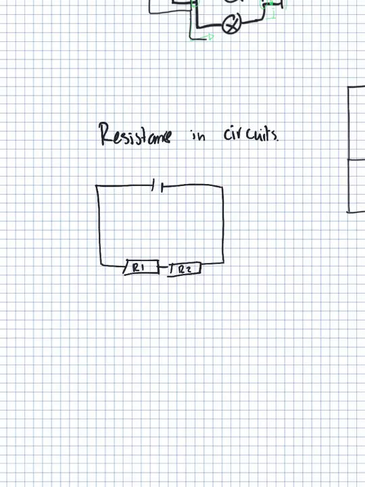Well, the total resistance, RT, would equal the sum of R1 plus R2. Because we're in series here, just to make that clear, this is a series circuit. In a series circuit, the resistance total is the sum of R1 plus R2.